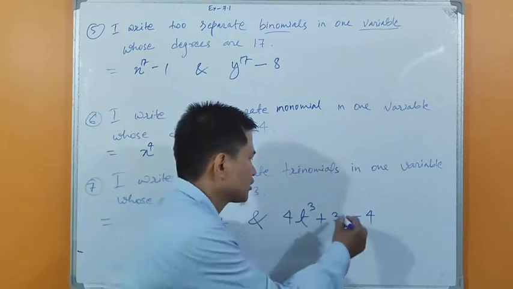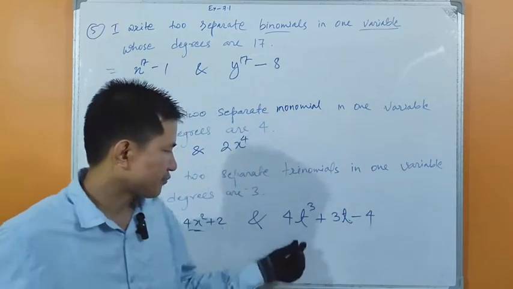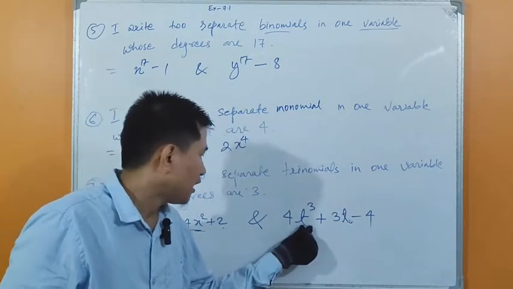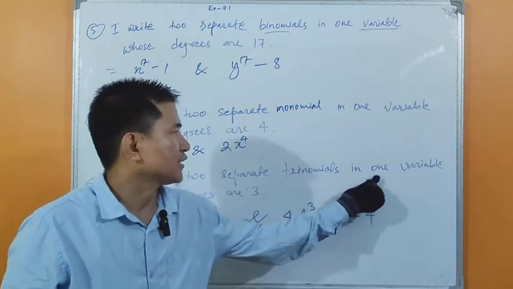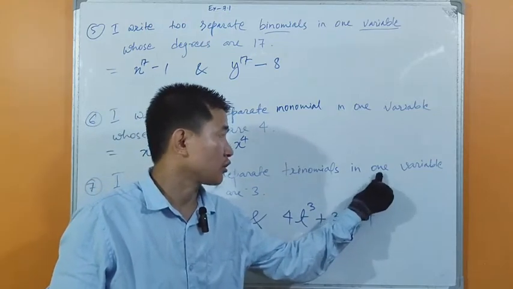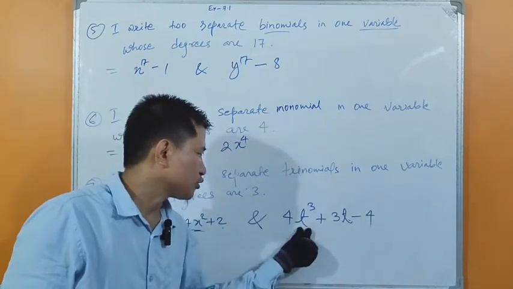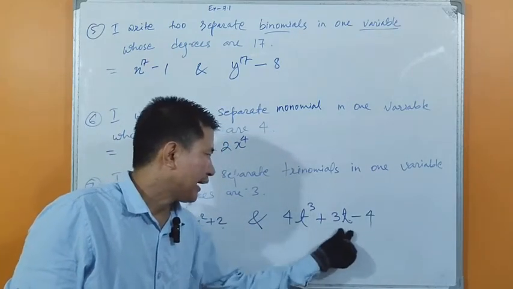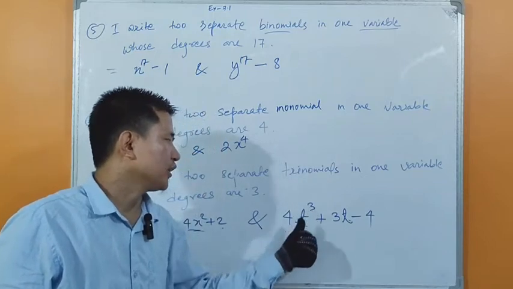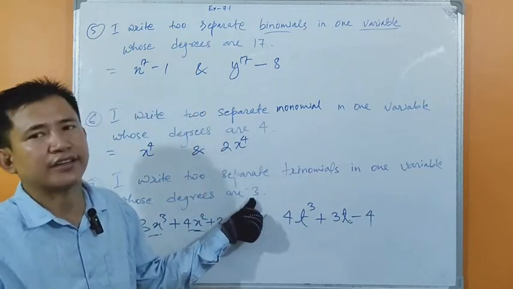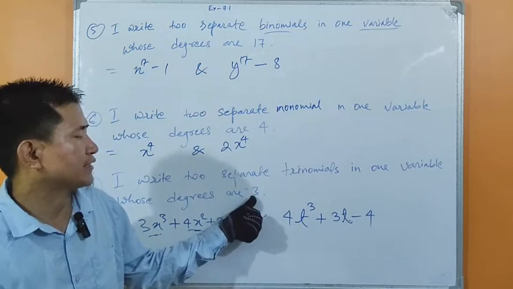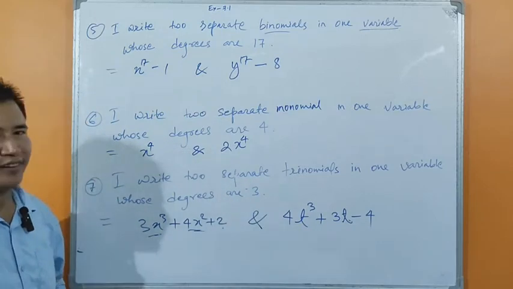Okay, instead of x, there should be t. The variable is only 1. According to the question, the condition is that one variable should be in this trinomial. So the variable here is t and the highest power of t is 3. So the trinomial has degree 3. I hope you got this.